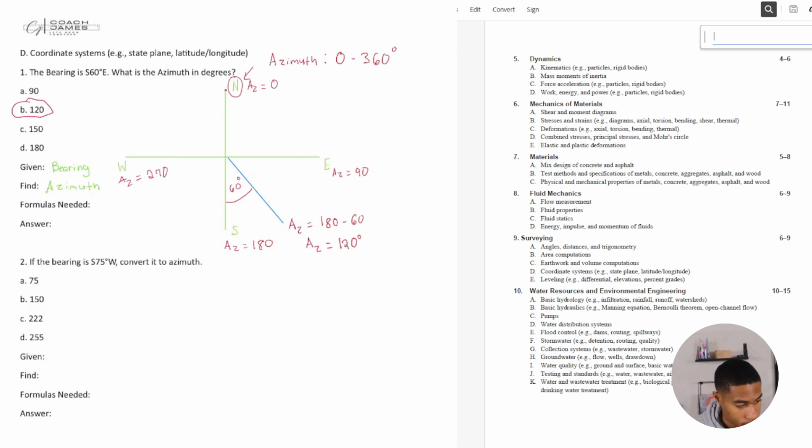It says if the bearing is S75 west, convert it to azimuth. So we're given a bearing. We're trying to find the azimuth.